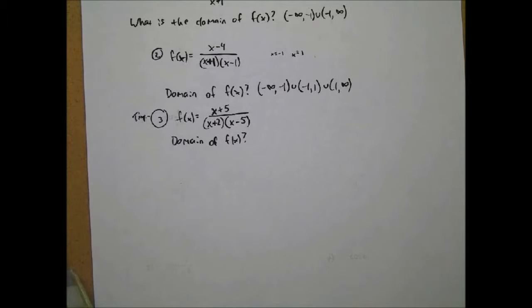Did you come up with any numbers we're going to take out of the domain? 5 is one of them. Did you find another one? All right, so we got 5. Let's go to Samantha. Did you come up with another one? No. How about Chris? No. Let's go to Julian.